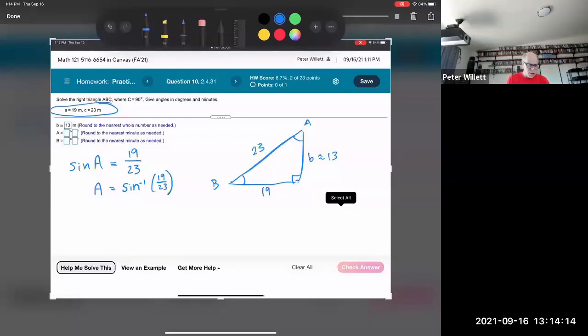When I do that on the calculator, it's going to give me something in decimal form. So let me show you what that looks like. On my calculator, I'm entering 19 divided by 23, and then I'm going to take the inverse sine of that.